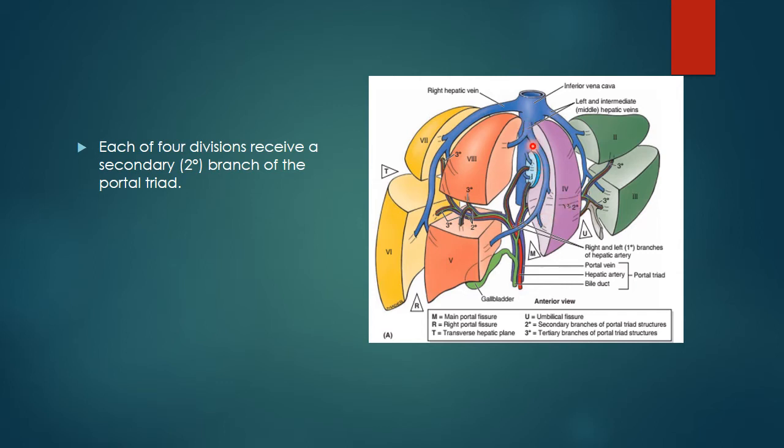And this is the main portal fissure in which we can see the middle hepatic vein, this one is the right hepatic vein, and this one is the left hepatic vein in the umbilical fissure.